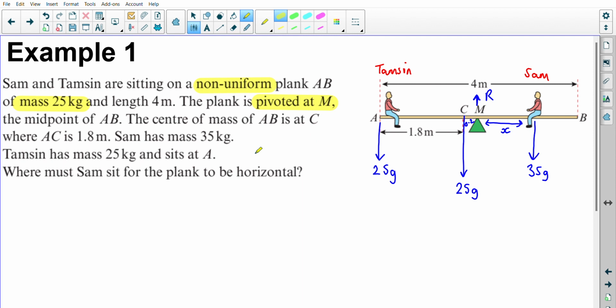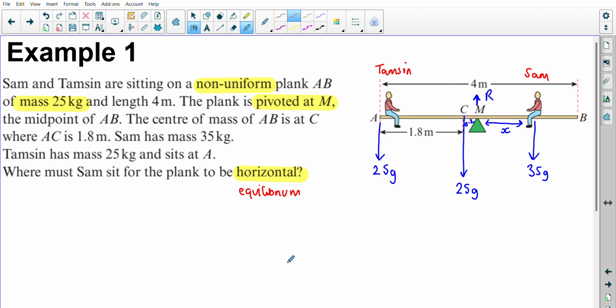Now, if you remember, horizontal means equilibrium. So upward forces must equal downward forces, any left or right forces must be equal, and then clockwise moments must equal anti-clockwise moments.